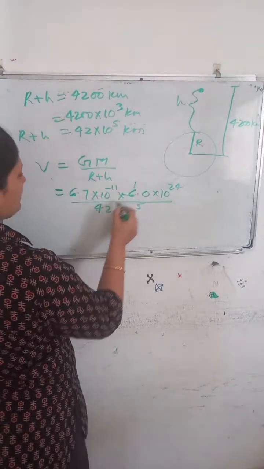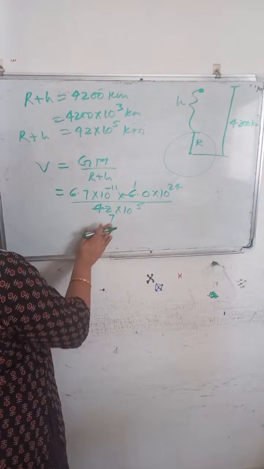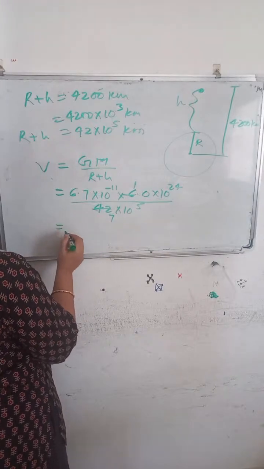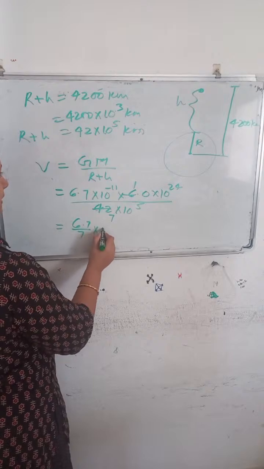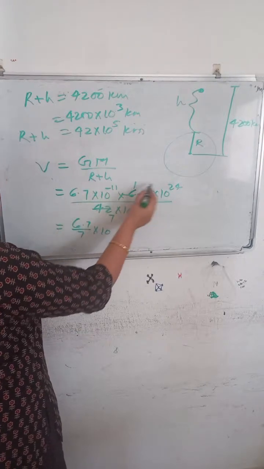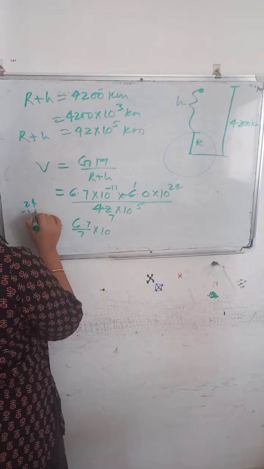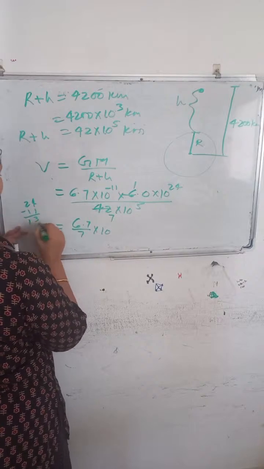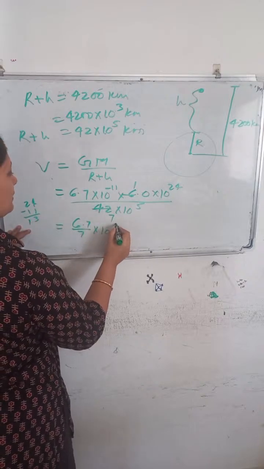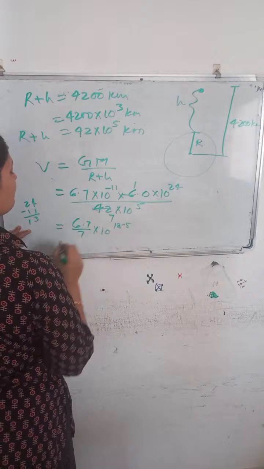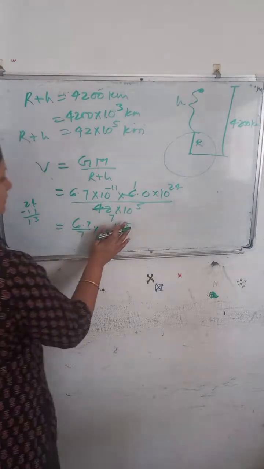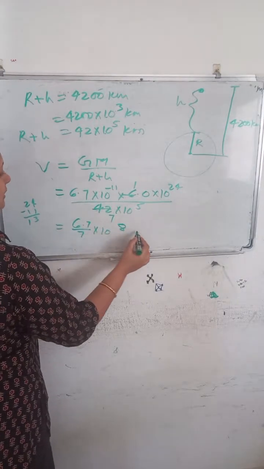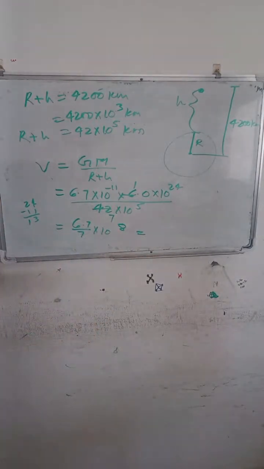Here 7 sixes are 42, so it is 6.7 by 7, into 10 raised to 24 minus 11, which is 13, and 13 minus 5 is 8. Then do this division.